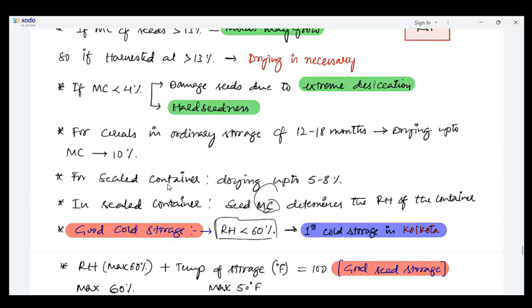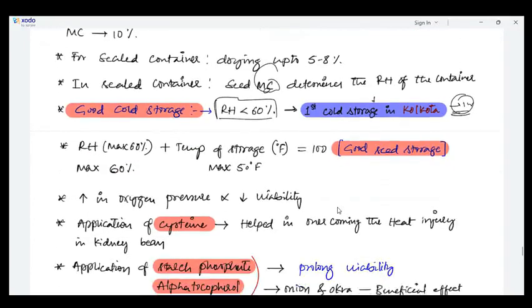The good storage implies the RH will always be less than 60%. And I have given that the first cold storage started in Kolkata. Just remember this. According to Harrington's thumb rule, the sum of RH plus the drying or storage temperature should always be equal to 100, where the maximum can be 50 for temperature and the maximum can be 60 in case of RH.